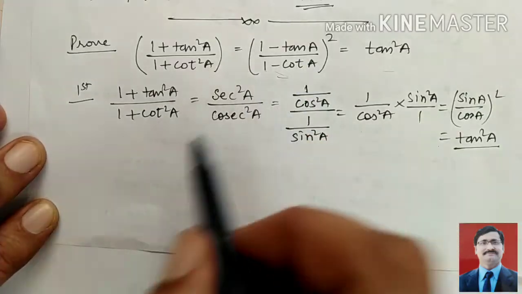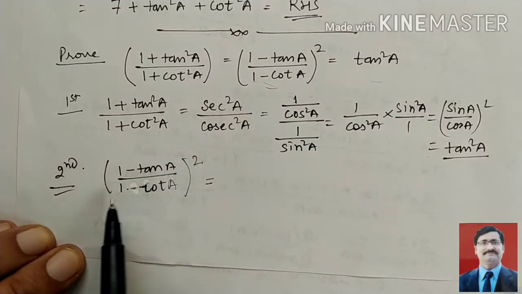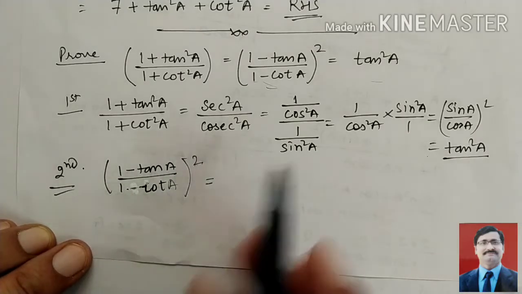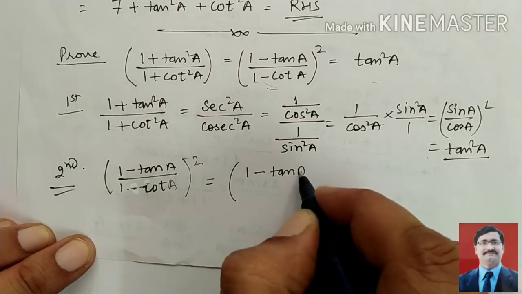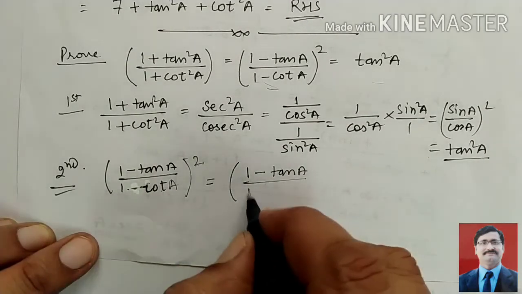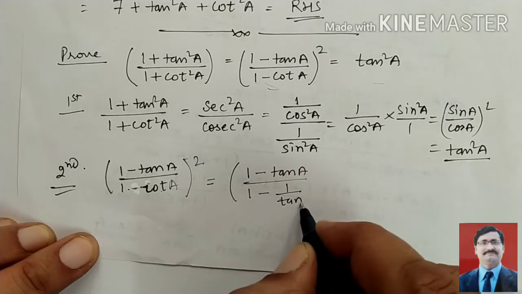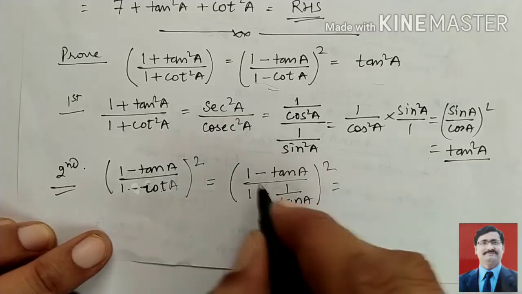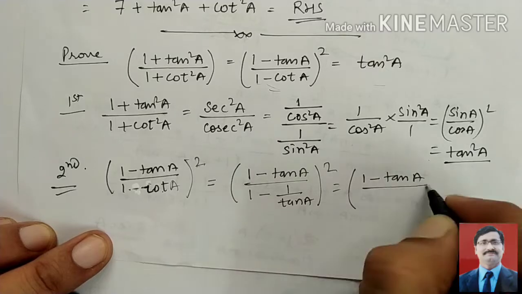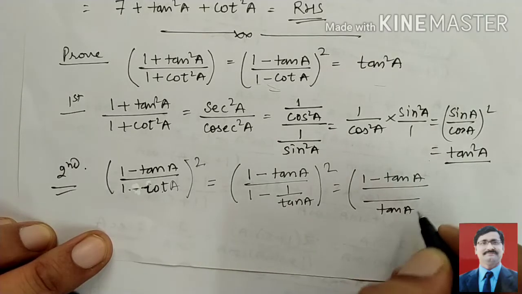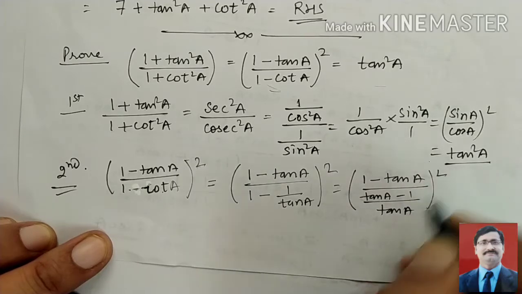Now the second part we will take. The second part is (1 minus tan A) upon (1 minus cot A) whole square. You have to convert this. You can change cot A into 1 upon tan A, and now you take the LCM. The LCM in the denominator is tan A, so you write (tan A minus 1) upon tan A whole square.